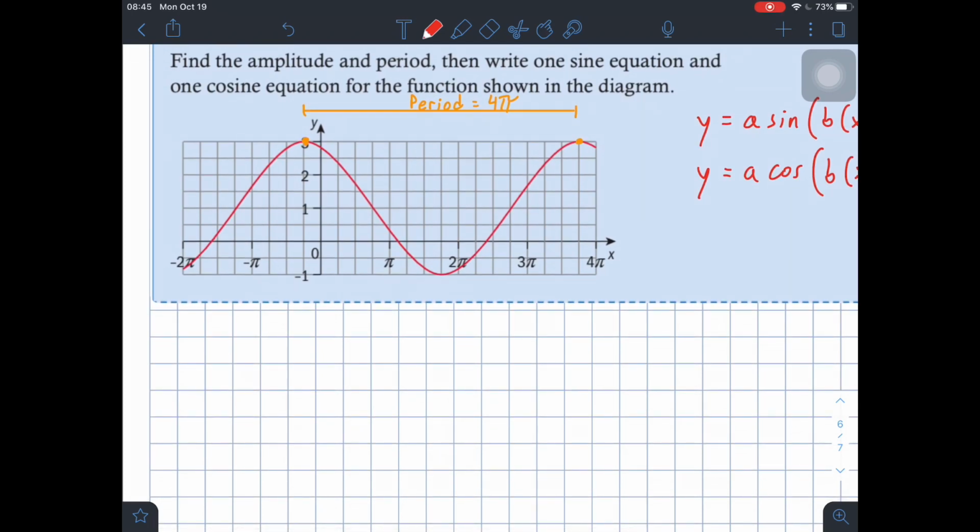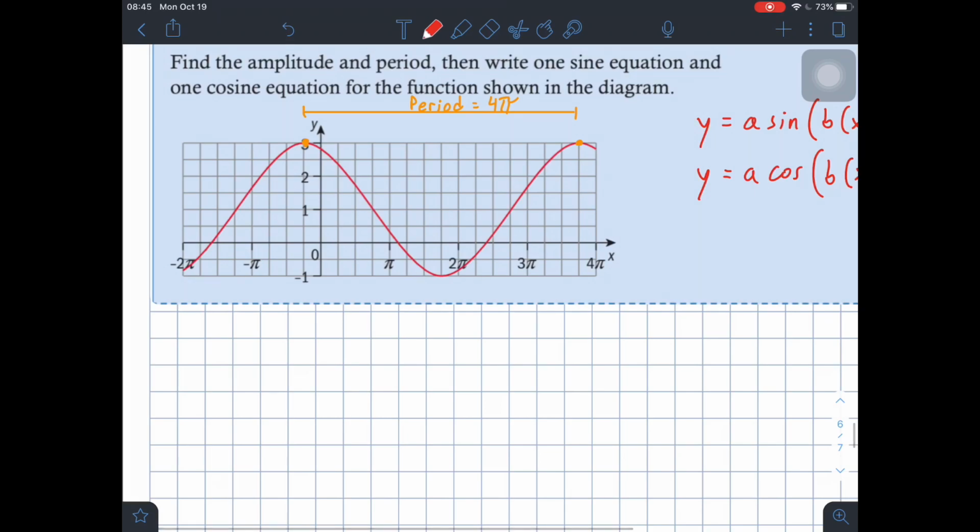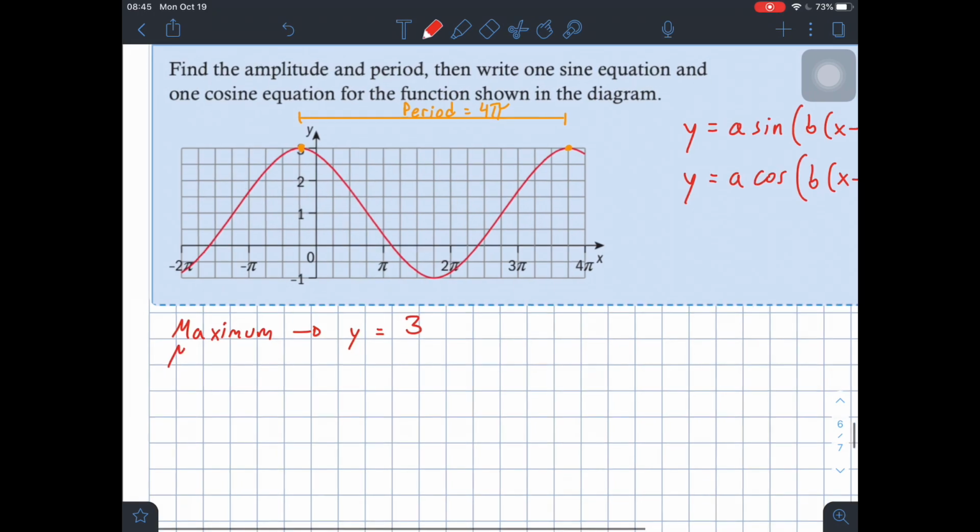But we can find that by finding the average between a maximum and a minimum point. You see that the maximum, for example, let me write this information. Maximum occurs at y equals 3, that's our maximum value, and the minimum occurs at y equals -1, right?